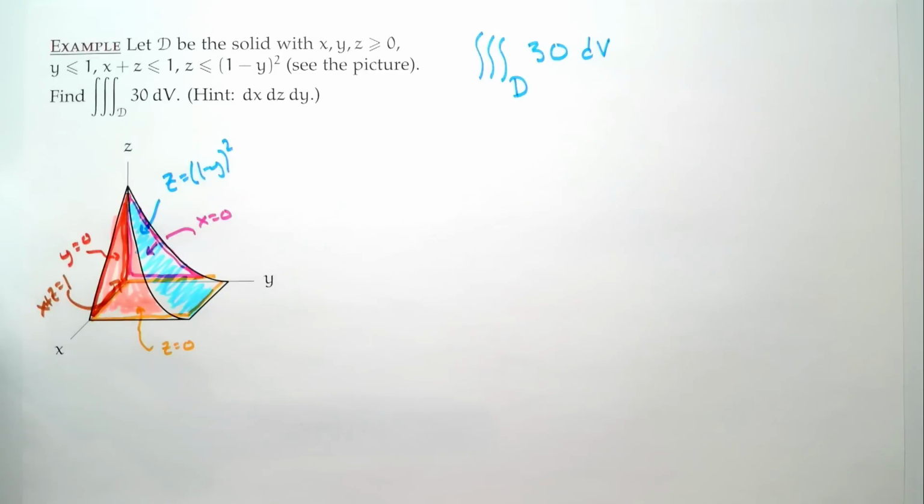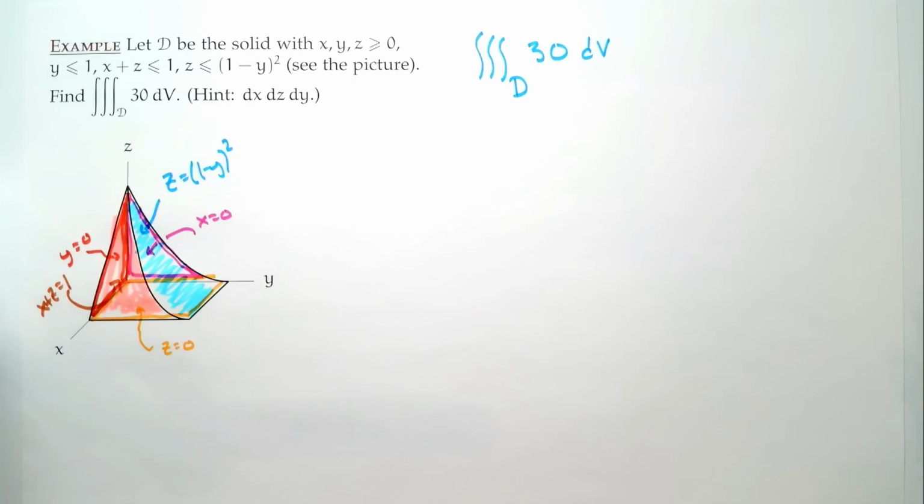They have given us a hint that says maybe don't do what we normally say, dx, dz, dy. Well, could we integrate dz, dy, dx? The answer is yes, but sometimes it's easier not to go with that method.